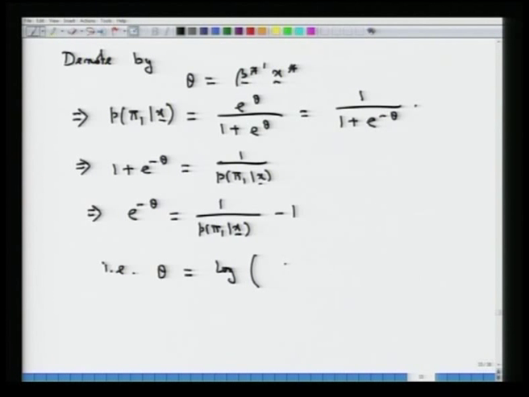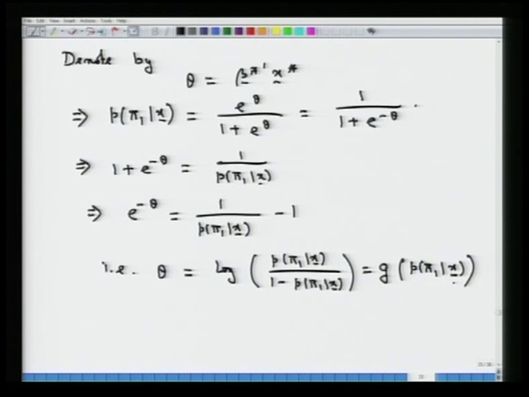It is going to be equal to log of p pi 1 given x divided by 1 minus p pi 1 given x. Now, this is some function of p pi 1 given x.